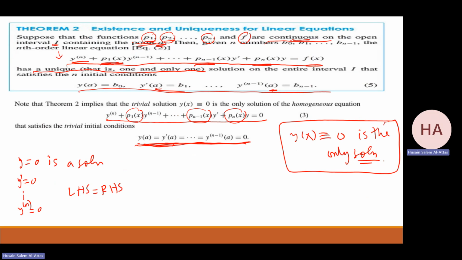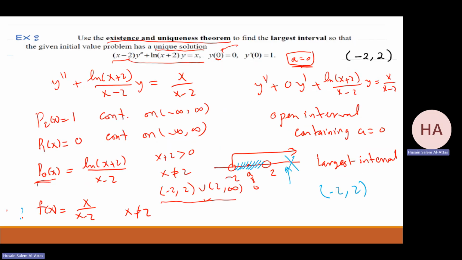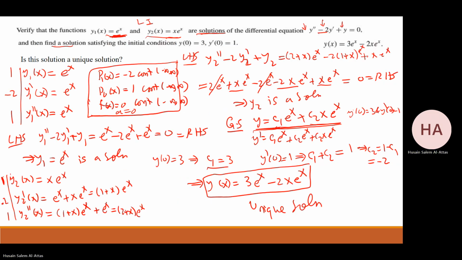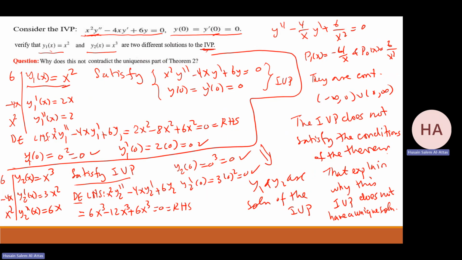And as I said before, we're talking about the initial value problem. Now, how to check the initial conditions? You need to find the constants, the C's, and I think it's easy. And this example is where it's clear that the conditions of the theorem are not met, so we cannot apply the theorem.